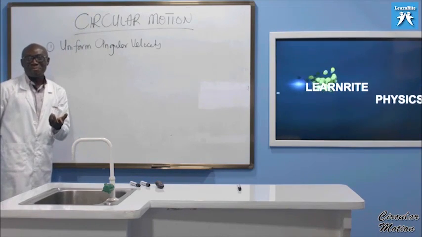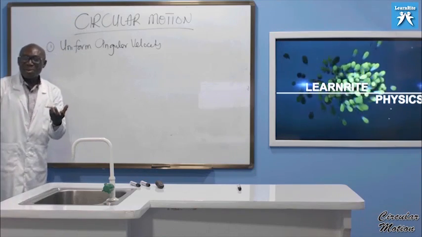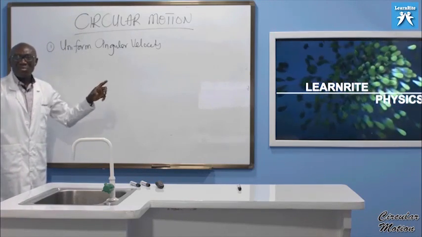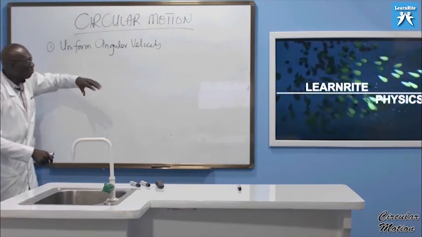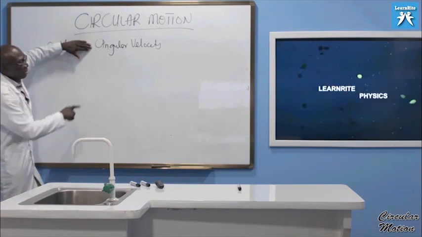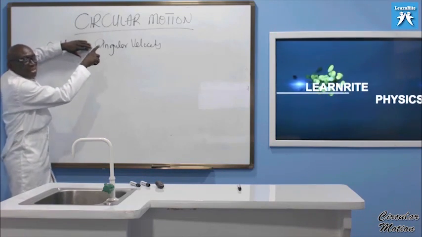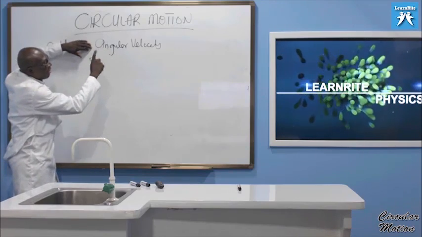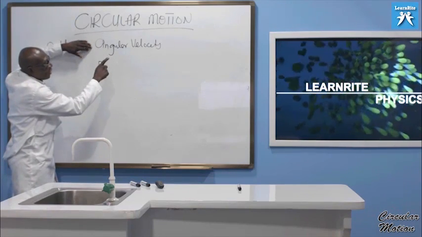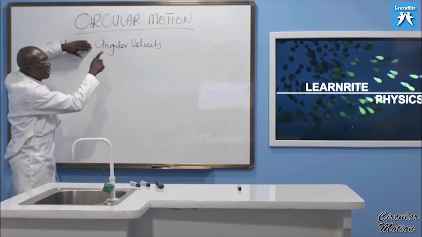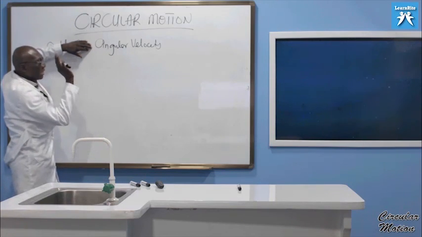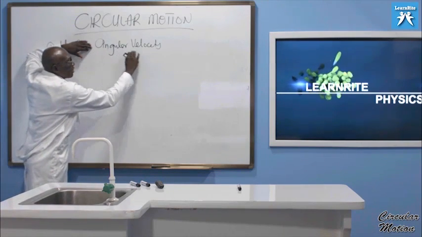So simple. They want us to explain or define uniform angular velocity. So I'll go, it means I'm going to cover this. What is this? Angular velocity, this one, is defined as the rate of change of angular displacement with time. That alone will take care of this.